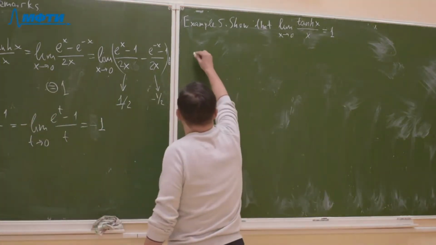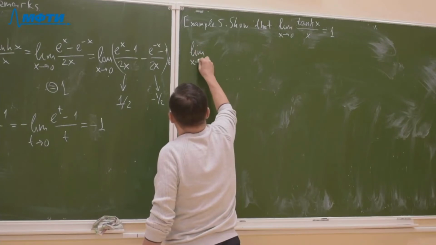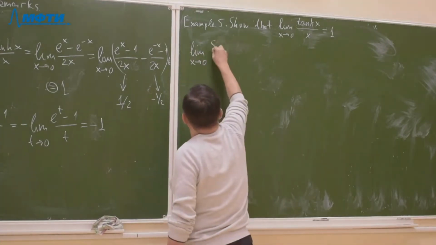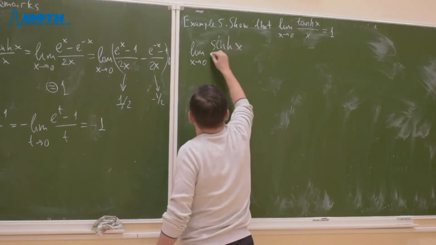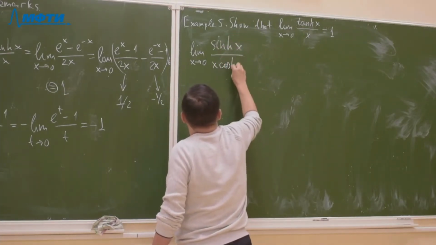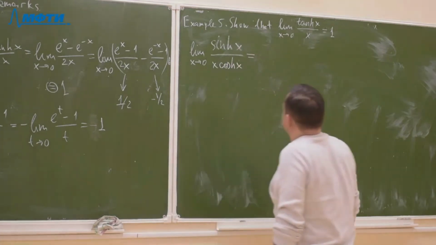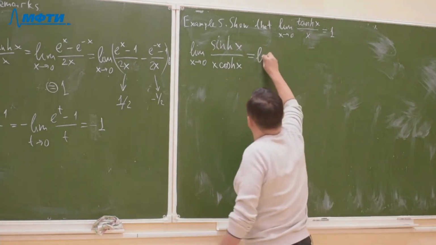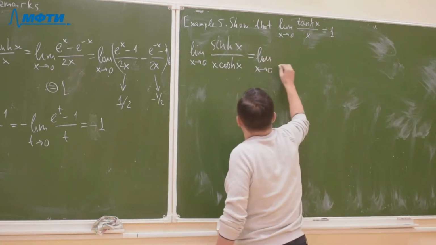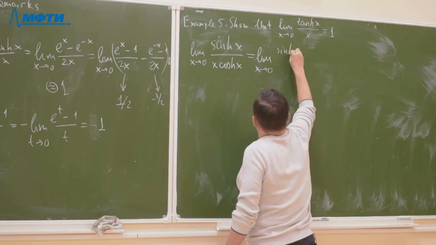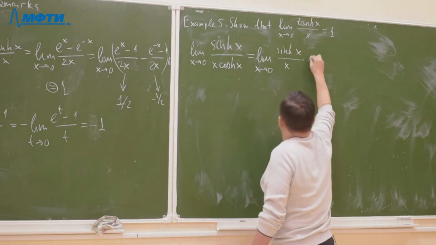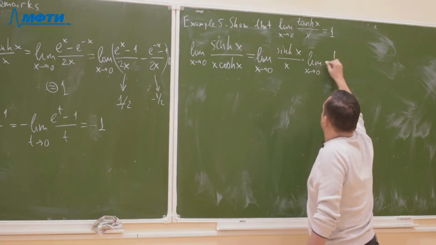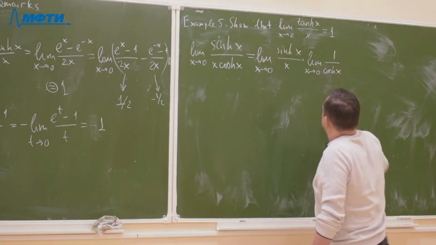So what we have here: the limit as x tends to 0 of sine hyperbolic x over x times cosine hyperbolic x, and that is the limit as x tends to 0 of sine hyperbolic x over x times the limit of 1 over cosine hyperbolic x.